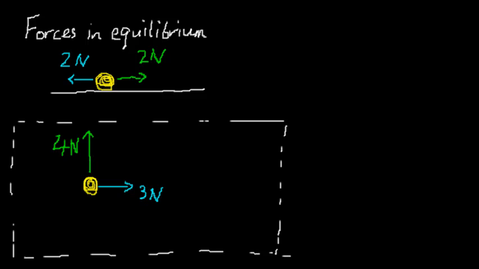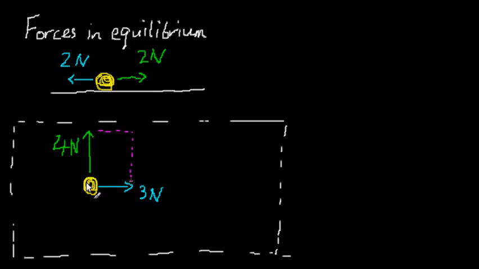So to make this a little bit more concrete, more definite, if I want to find the resultant of those two forces, there are two ways to do it. Let me sketch out one way. It is to draw a parallelogram with those two forces as the sides.